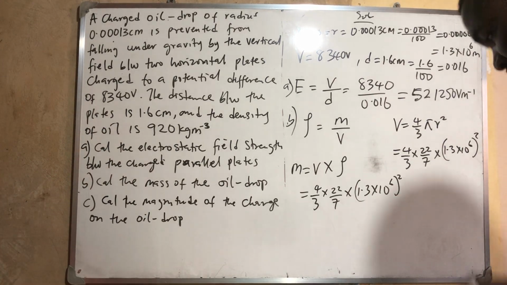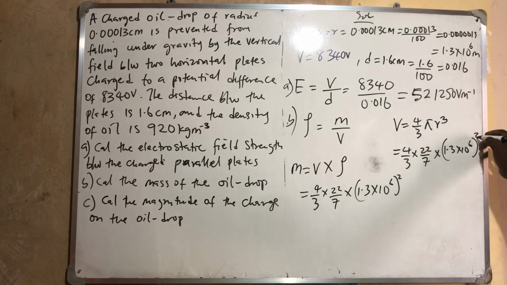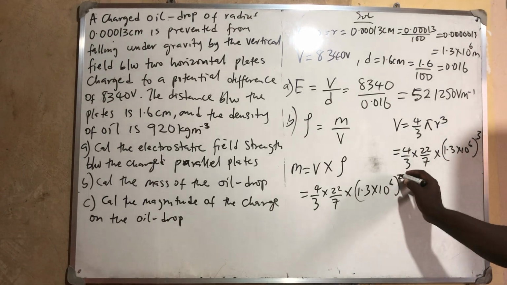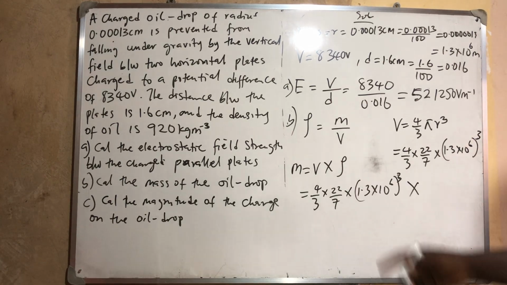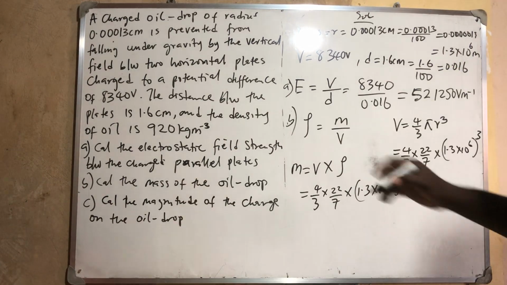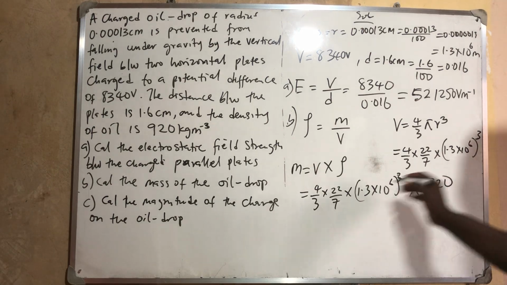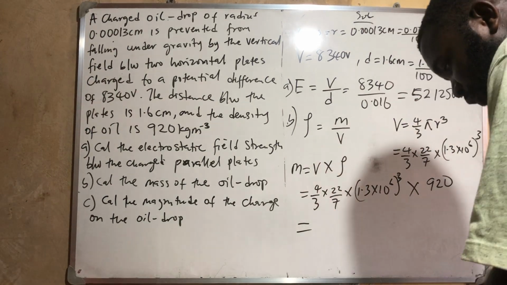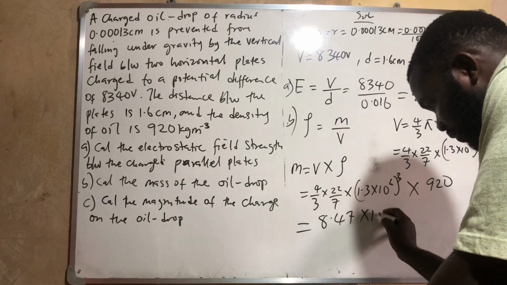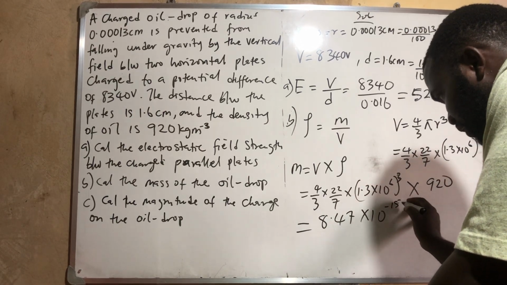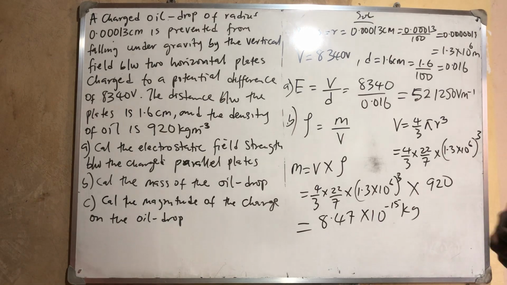Sorry, 3, not squared. This is 3 because it's volume. So all raised to power 3. This is my volume times my rho, the density. The density they gave me is 920. So times 920. If you do everything here, you'll be getting 8.47 times 10 raised to power minus 15 kg. So that is my mass.